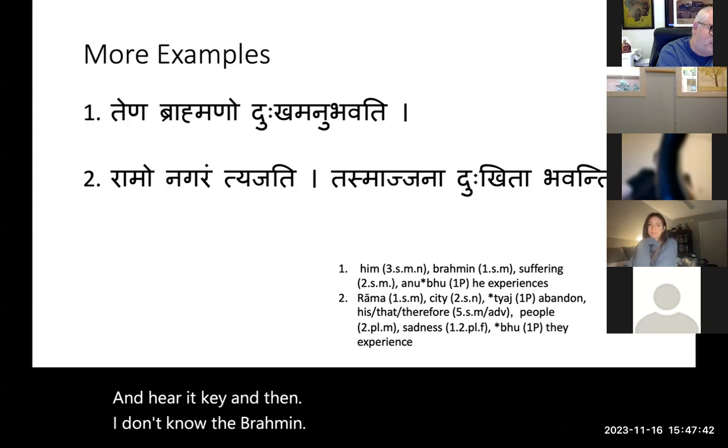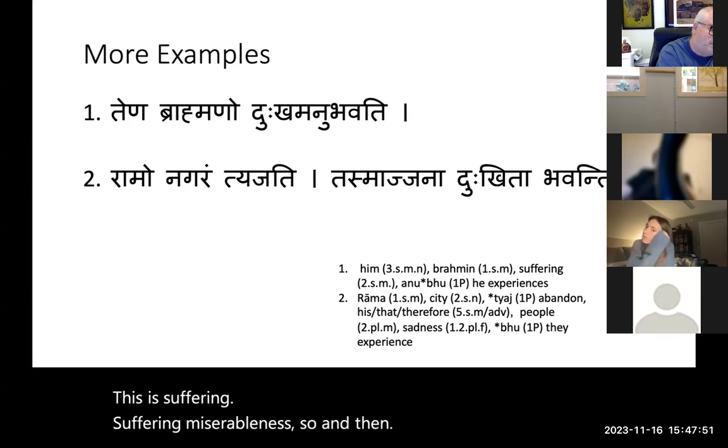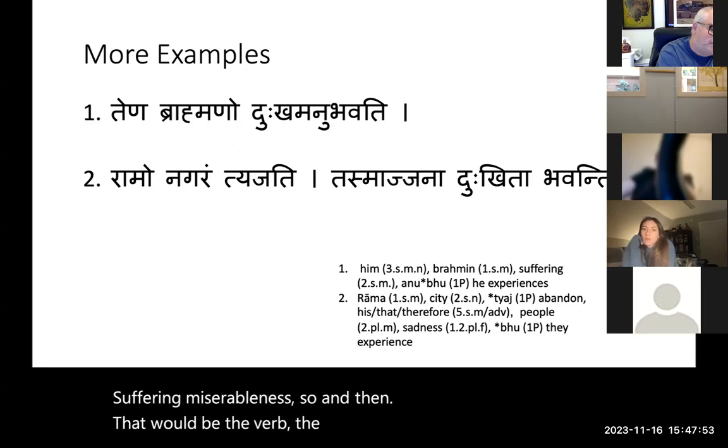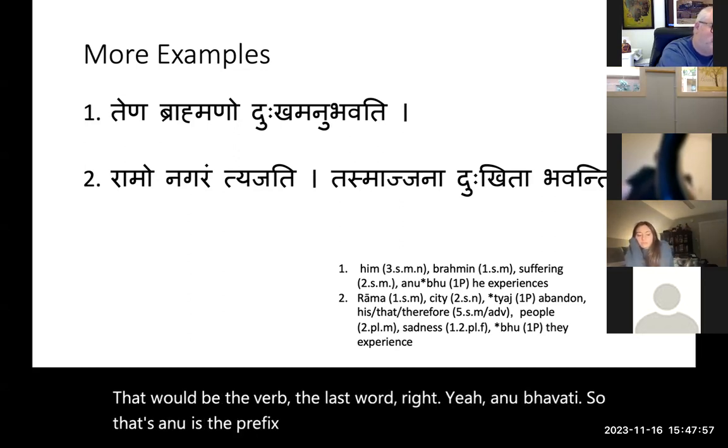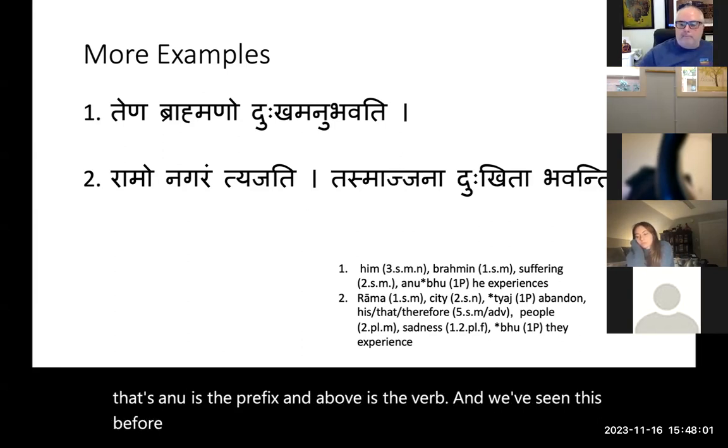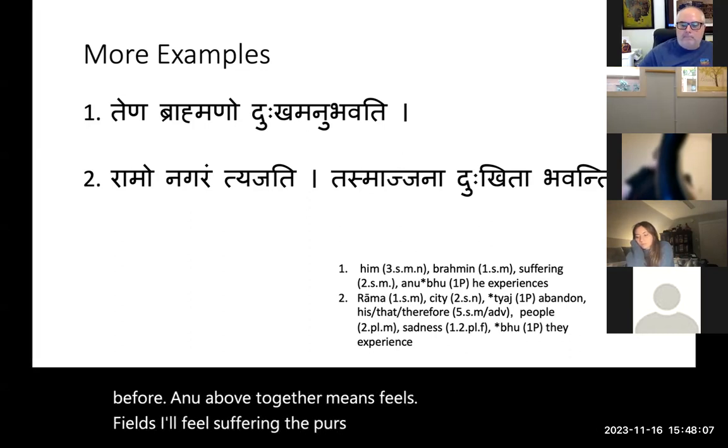Dukham is suffering, miserableness. And then that would be the verb, the last word, right? Yeah, anubhavati. So anu is the prefix and bhav is the verb. And we've seen this before. Anubhav together means feels. Oh, feels suffering. So the Brahmin feels suffering.